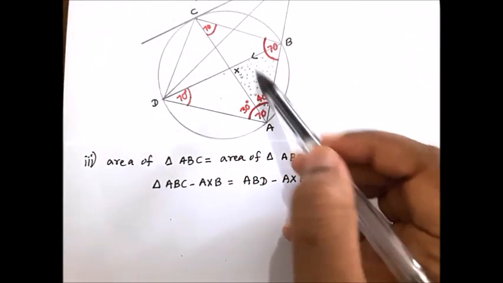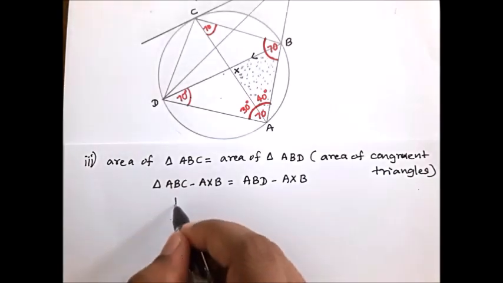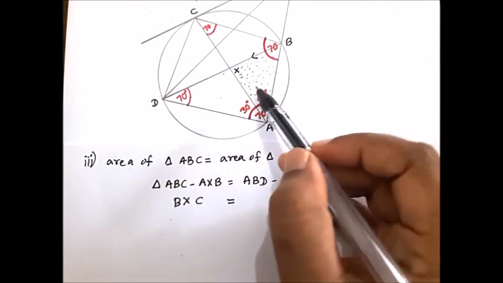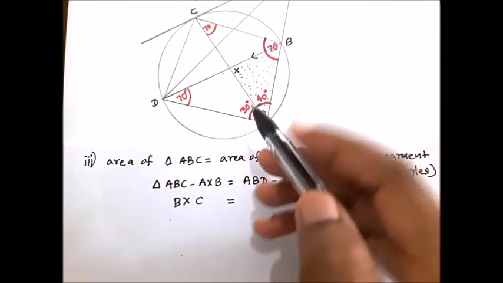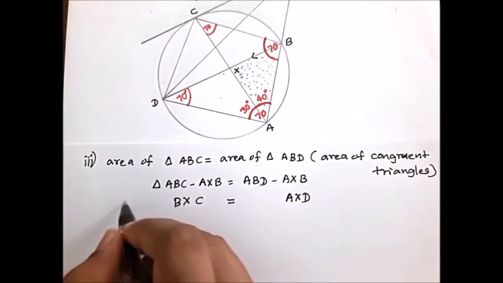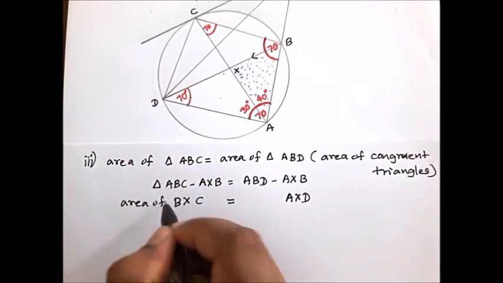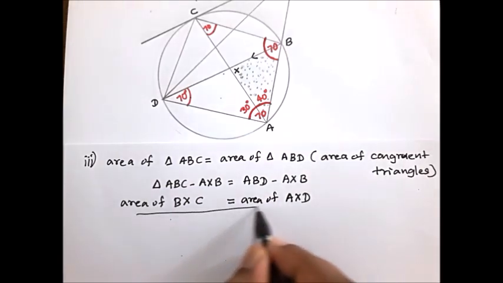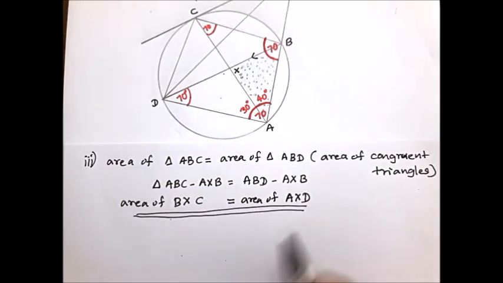ABC minus AXB remaining BXC. And here ABD minus AXB remaining AXD. Area of triangle BXC equal to area of AXD. This is the answer for the third one.